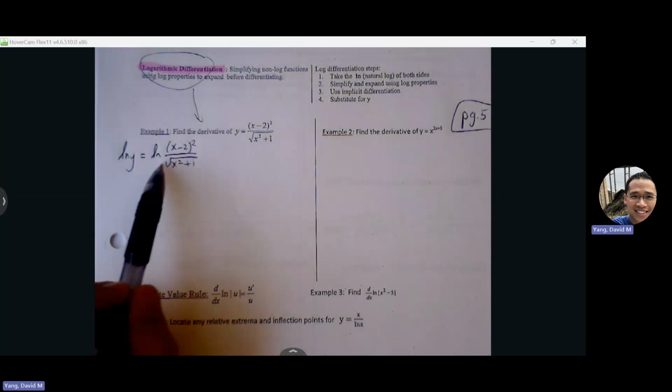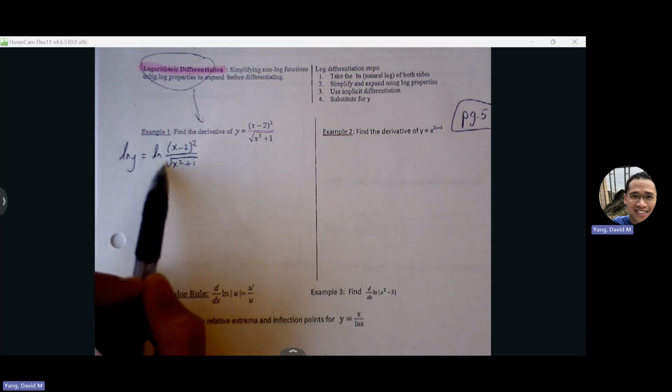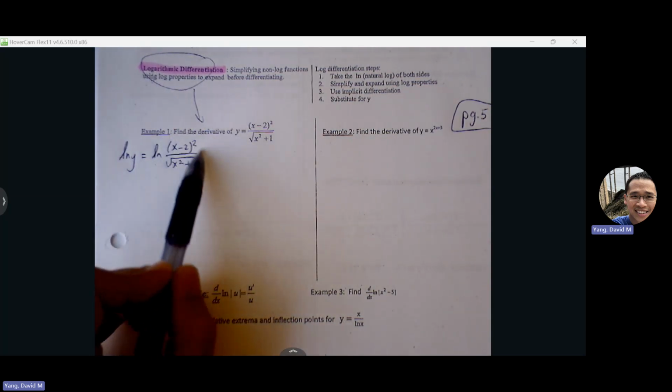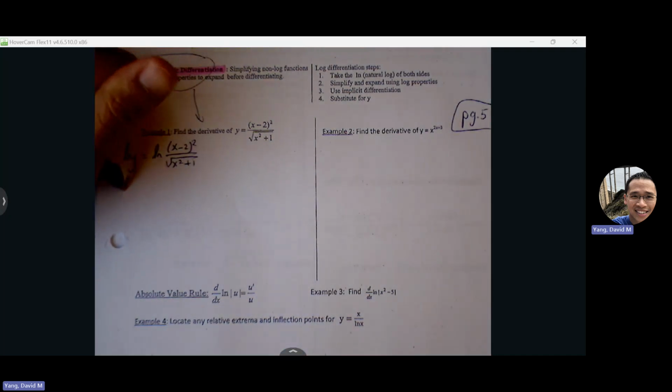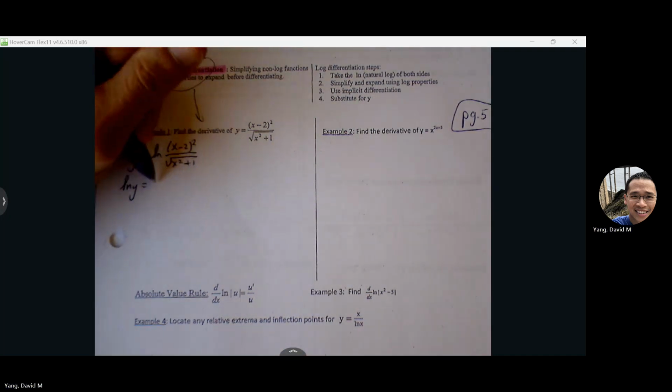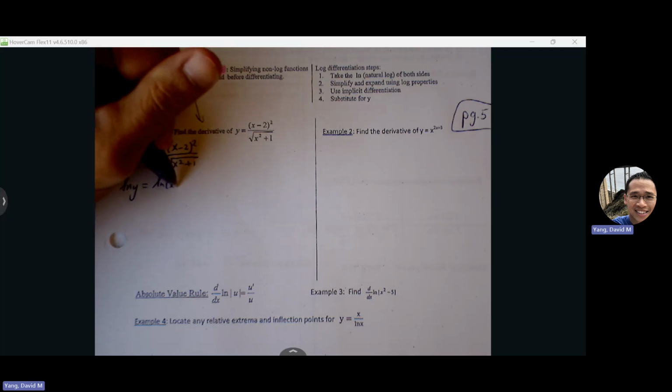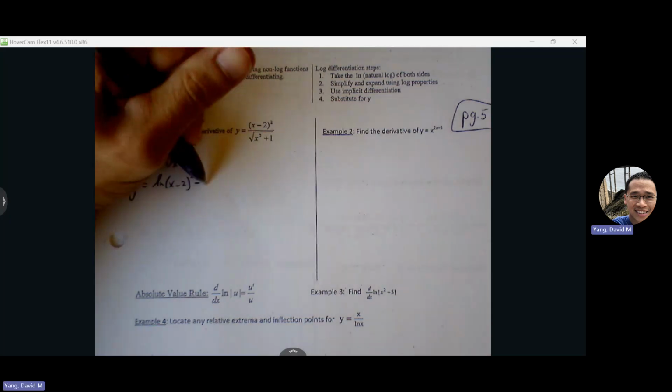Okay, so now that we're inside a log problem, what property can we use? The quotient property. Yep. So let's expand it into natural log of the top minus natural log of the bottom.